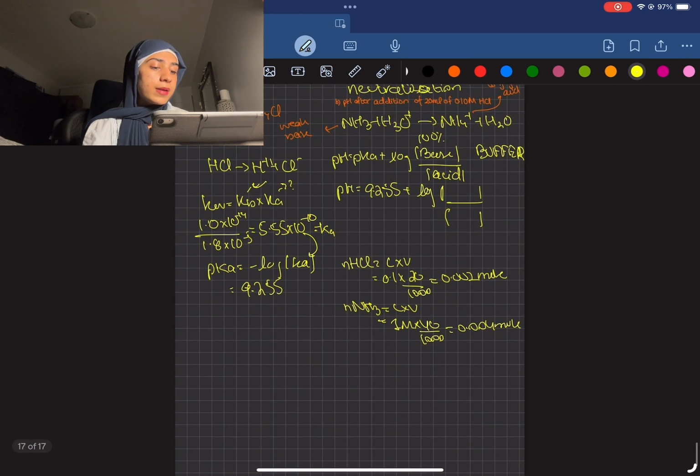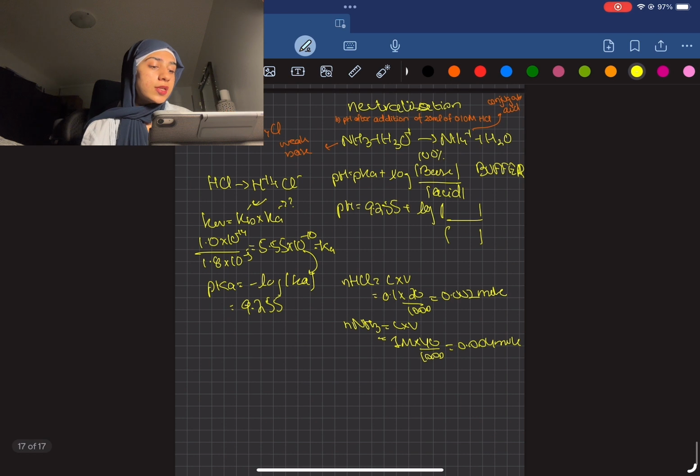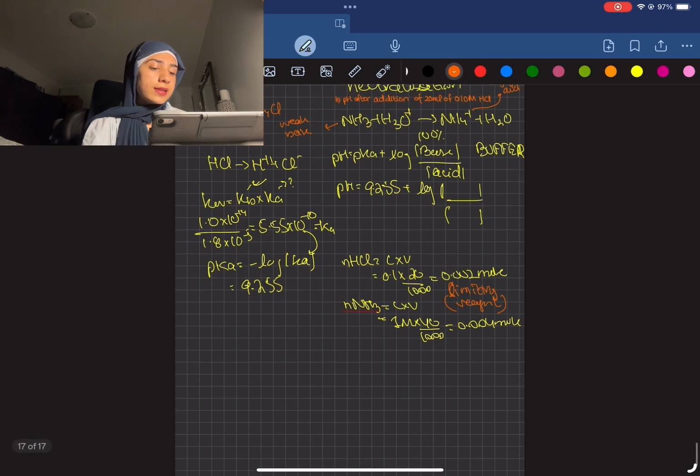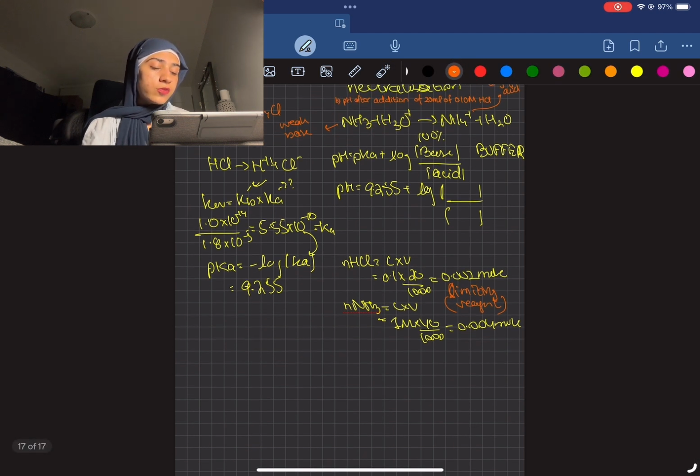Anyways, now that I have my moles, I need to find my limiting reagent. Now my limiting reagent would be my HCl, because it has lower number of moles. So H3O positive would be a limiting reagent in comparison to NH3. So now that means that I need to find the number of moles left behind for NH3.